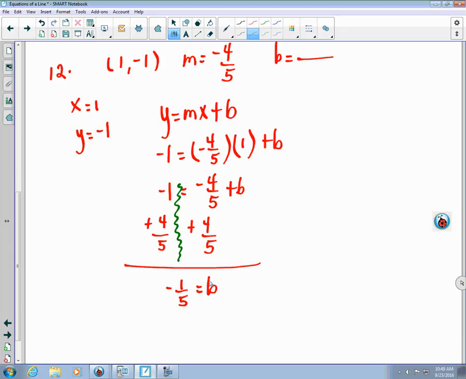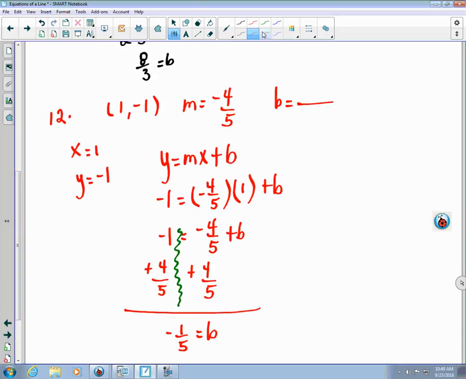Negative 1/5? All right, so now I have that my y-intercept is negative 1/5. Go back here. Plug in the slope and the y-intercept. So y equals negative 4/5 x minus 1/5. So multiply by 5 on both sides, right?